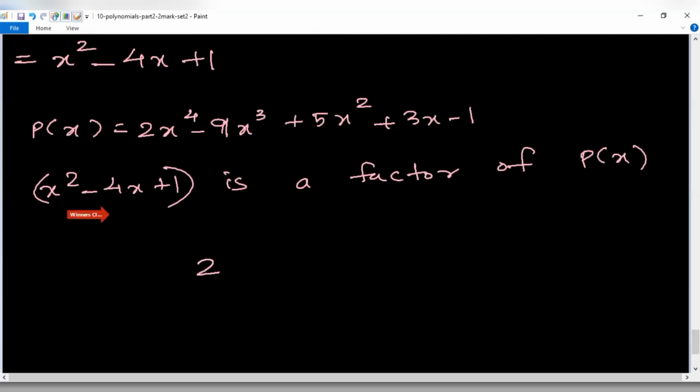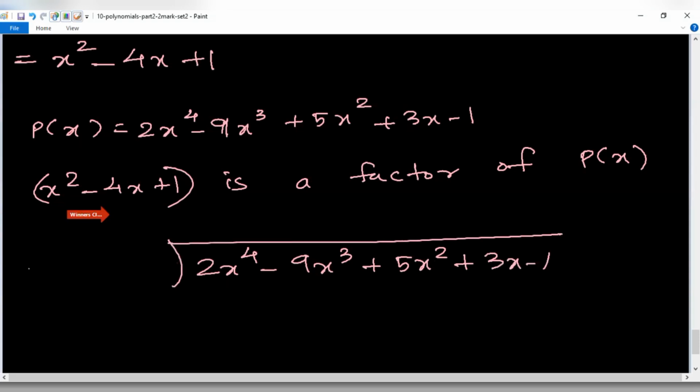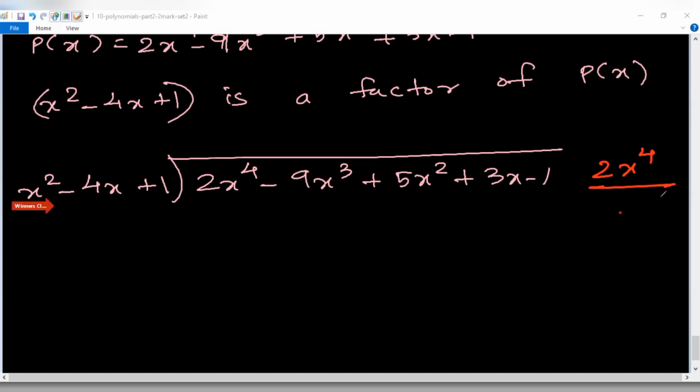Now, as we have done in the previous question, we have to divide 2x raised to 4 minus 9x cube plus 5x square plus 3x minus 1 by x square minus 4x plus 1. So here we have 2x raised to 4 and here we have x square. 2x raised to 4 divided by x square gives 2x square.